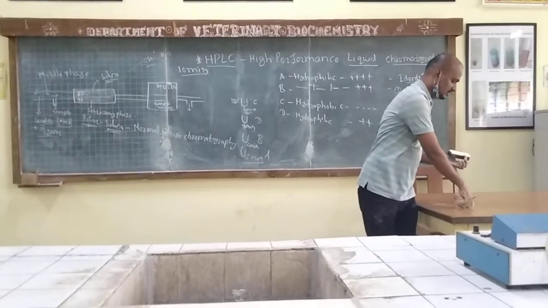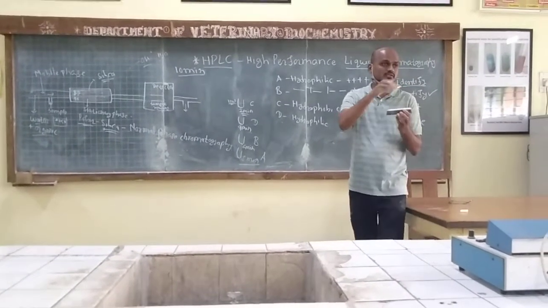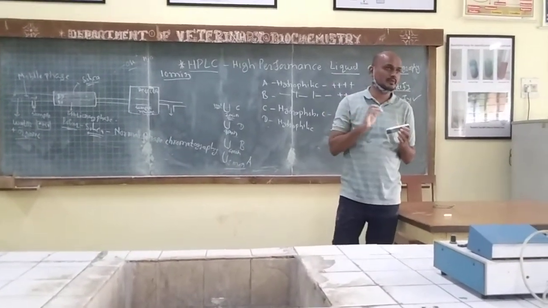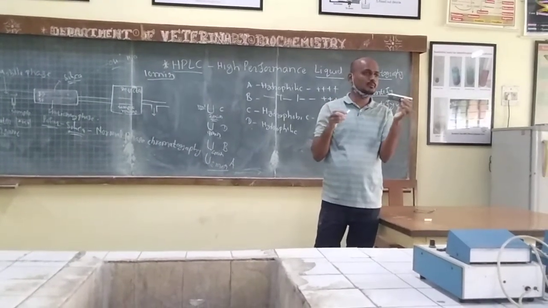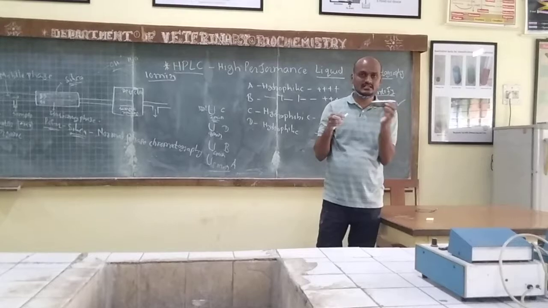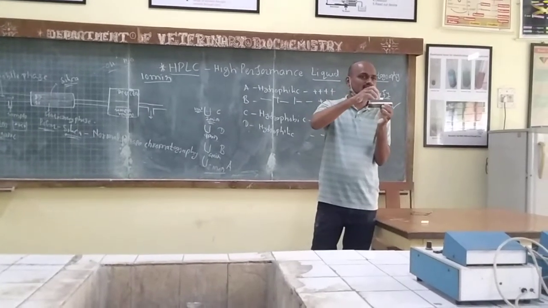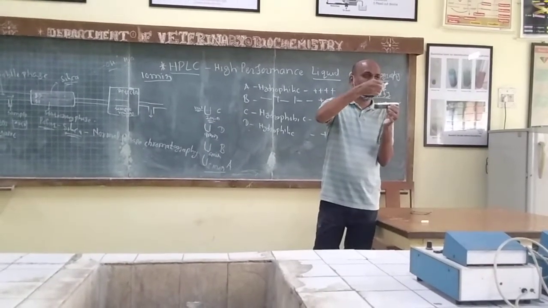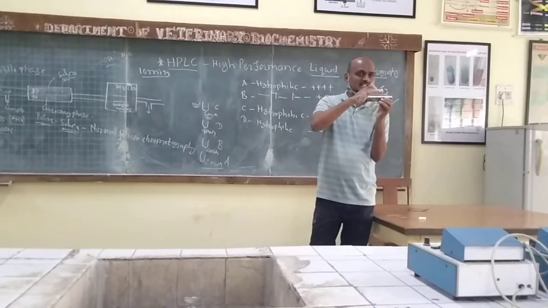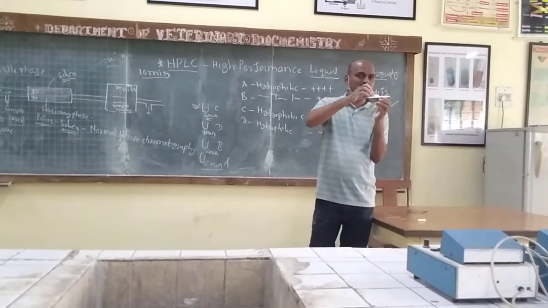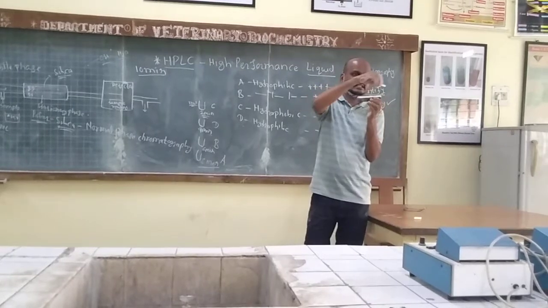Now we are concentrating on C right now because she told after 2 minutes C will come. So this is a hydrophilic column. Silica is a hydrophilic column. Why will C pass first? Because it is hydrophobic. So what will happen if this is hydrophilic and this is hydrophobic, it will try to get away from it easily.